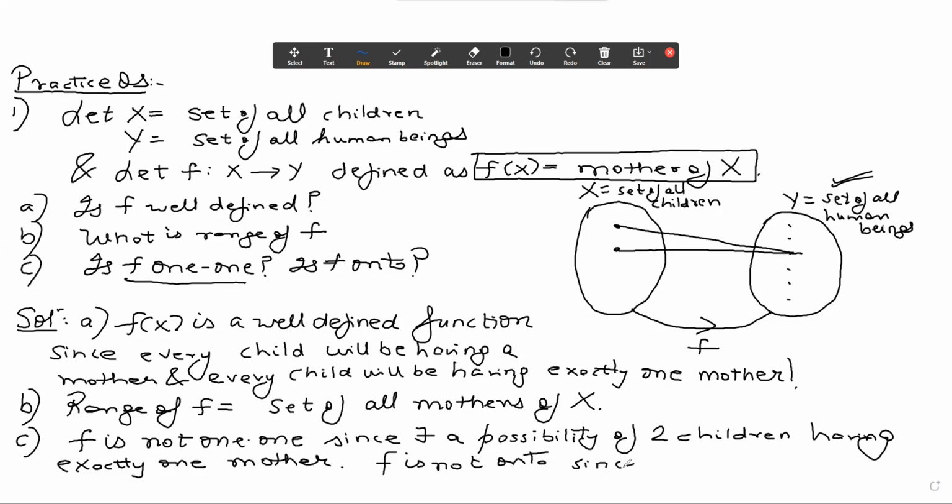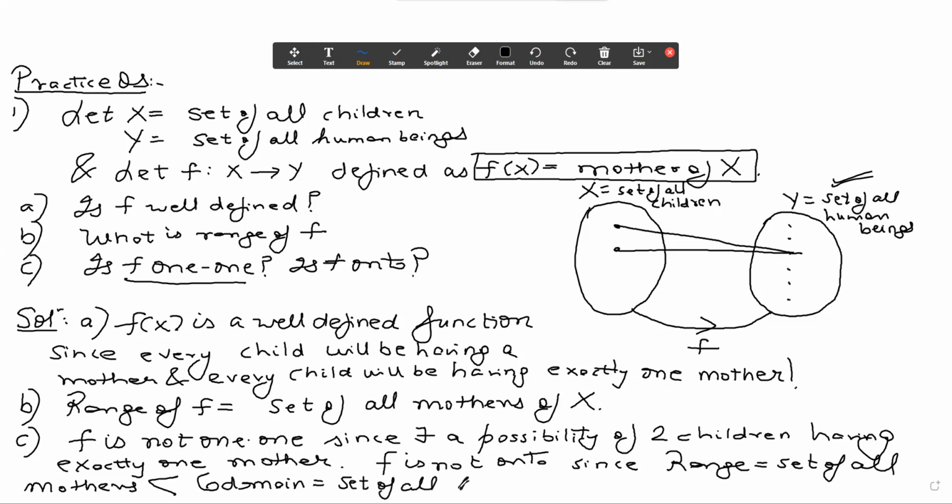Since the range, which is the set of all mothers, is less than the codomain, which is the set of all human beings. Not all human beings are mothers.